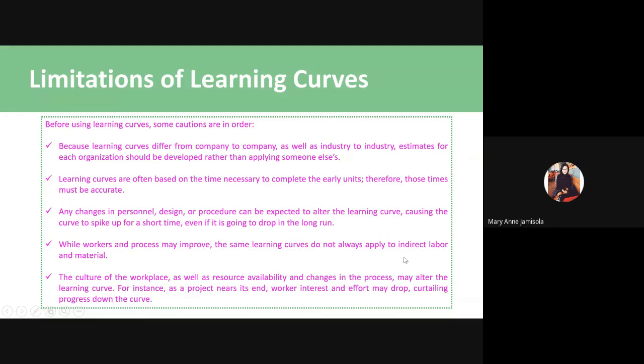And then it doesn't always apply to indirect labor. When we say indirect labor, these are the number of hours consumed by workers who are not directly involved in producing the product. For example, the hours consumed by the mechanics or our supervisors are referred to as indirect labor because these people don't actually involve themselves directly in producing the product.